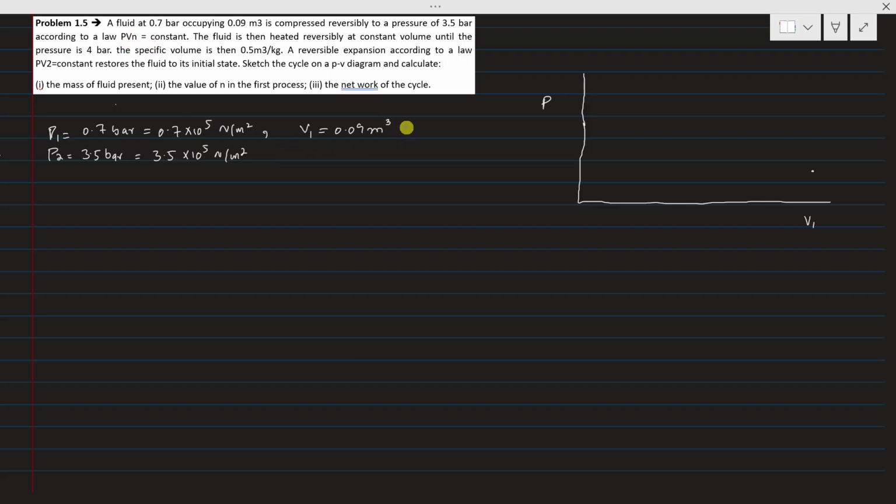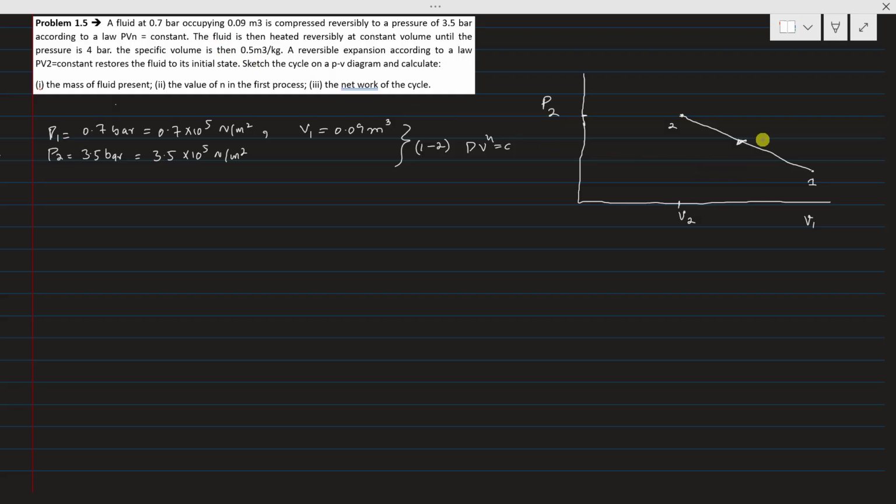So process 1 to 2 follows this law. Here the volume is V1, and this is volume V2.